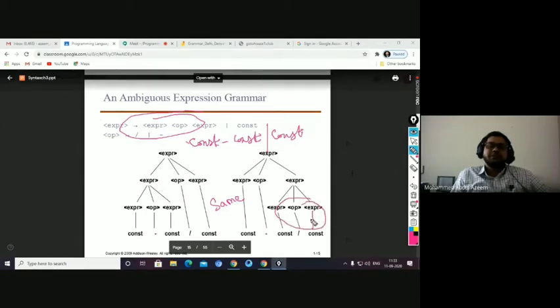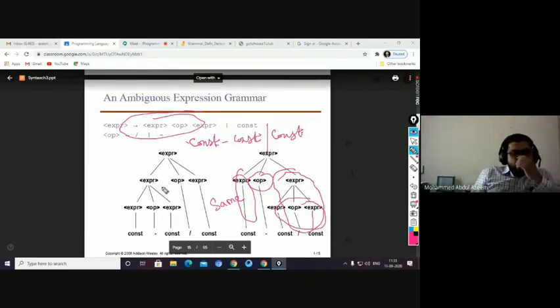It means division will be taken first, and this whole becomes the operand for minus. For minus, one operand is a constant and the other operand is the entire thing. So in this tree, the division takes place first, and once the division takes place, then the minus takes place.